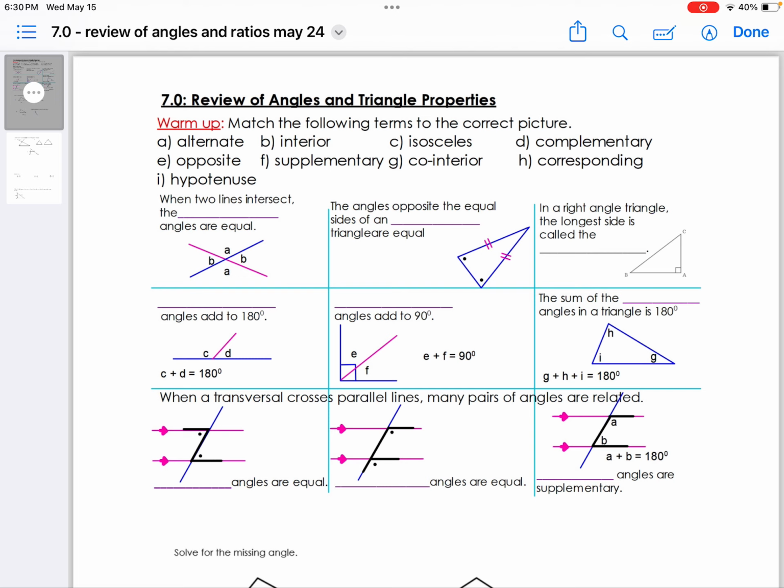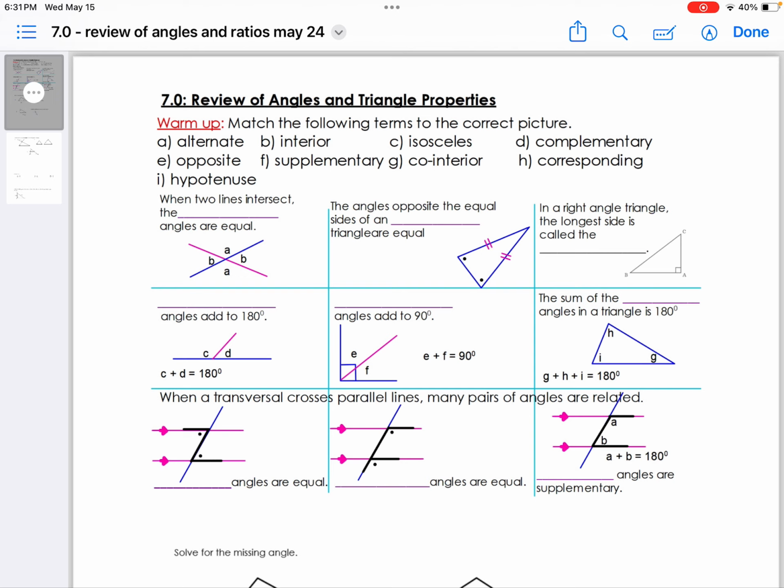So in order to eventually decide whether a triangle is similar, we need to review some things about the angles either inside the triangle or formed by the parallel lines of two triangles. Okay, so we are going to review, we're going to match the terms. So there's alternate angles, interior angles, isosceles triangle, complementary angles, opposite angles, supplementary angles, co-interior angles, corresponding angles, and the hypotenuse.